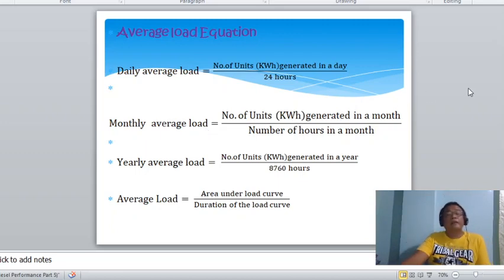The average load is the area under the load curve divided by the duration of the load curve. That is the general equation for the average load.